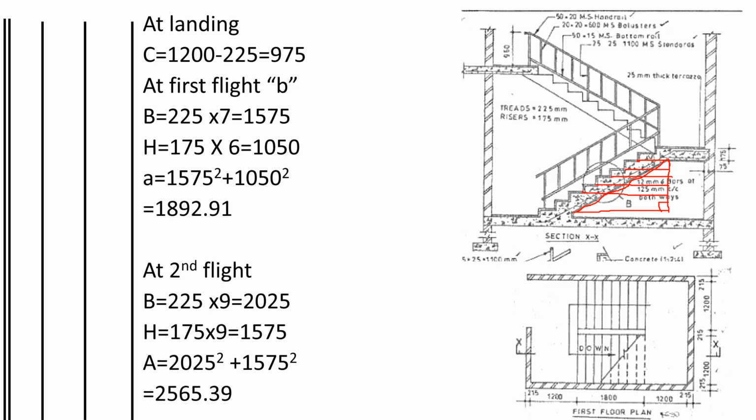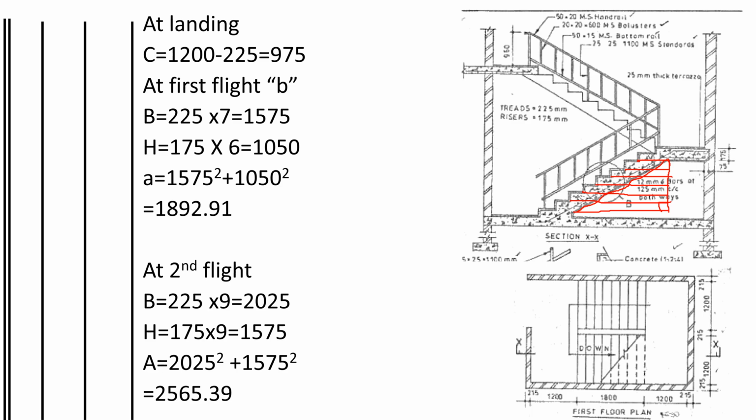Extend them. We want to know how many risers make up the height of that triangle. If we are able to know how many risers make up the height of that triangle, we can calculate the height of that triangle. So we continue extending.